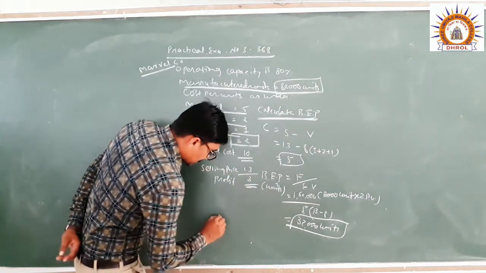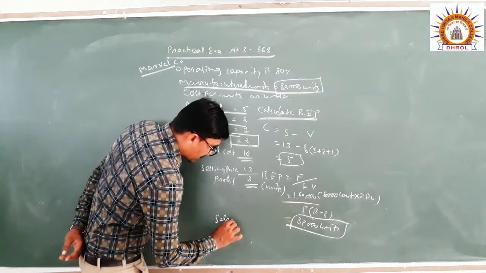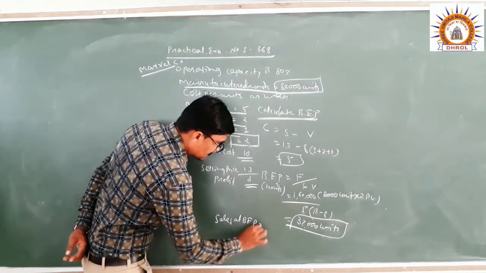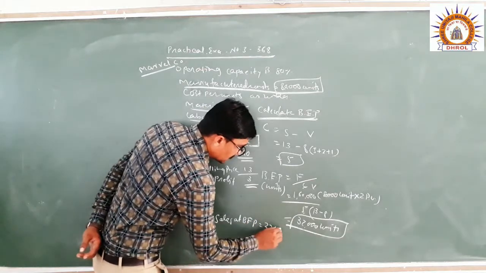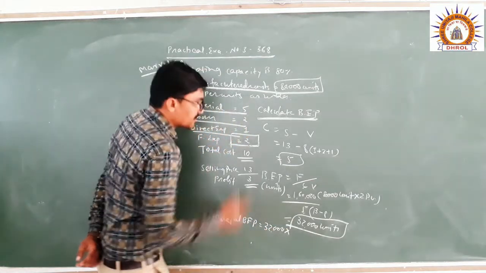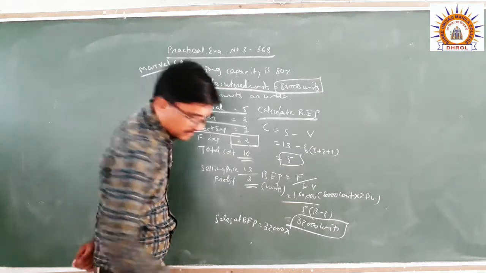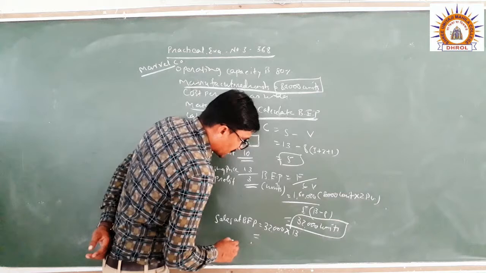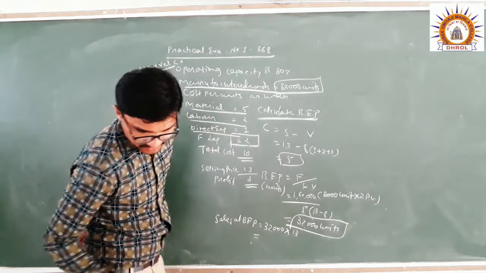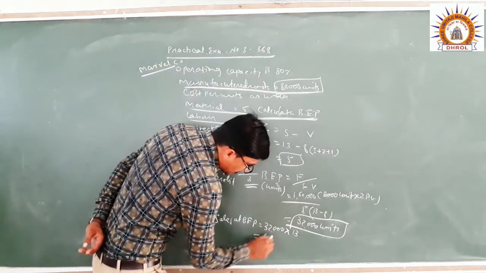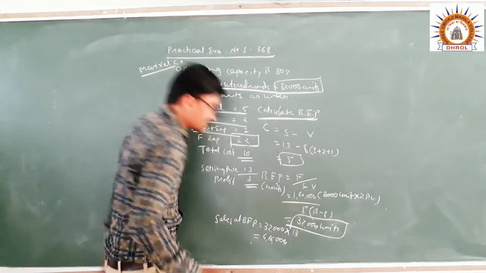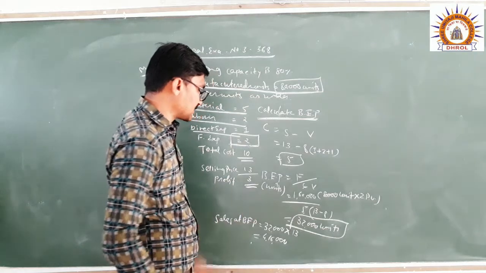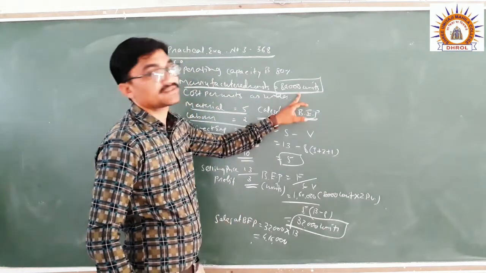So the sales at BEP is equal to 32,000 multiplied by the selling price per unit, which is 13. The answer is 4,16,000, which is not given in your book, but you can calculate the sales at BEP if the unit is given.